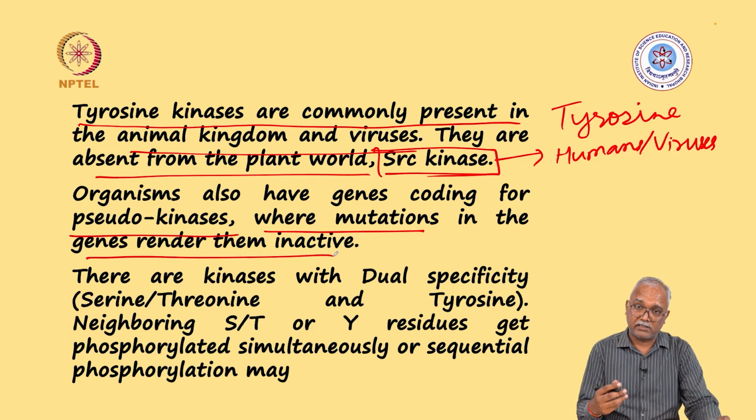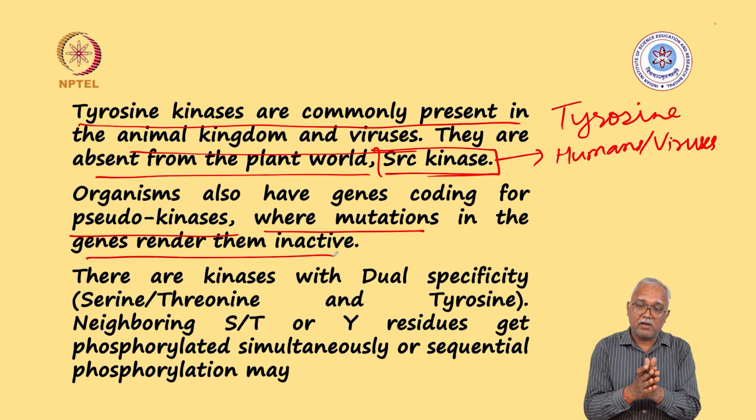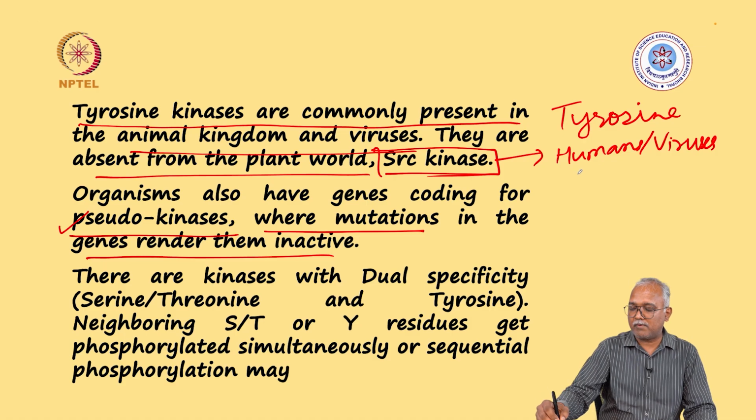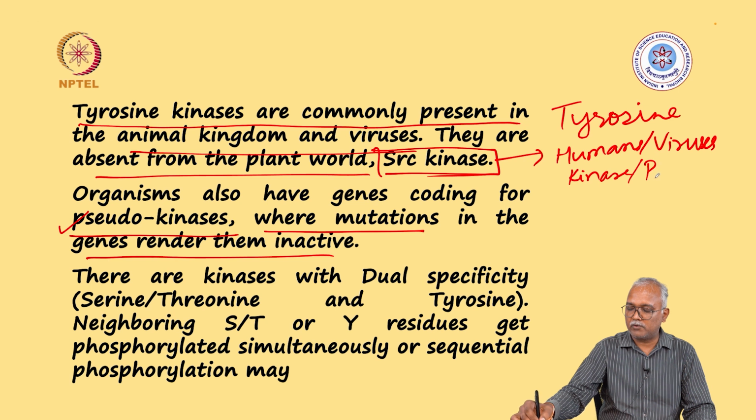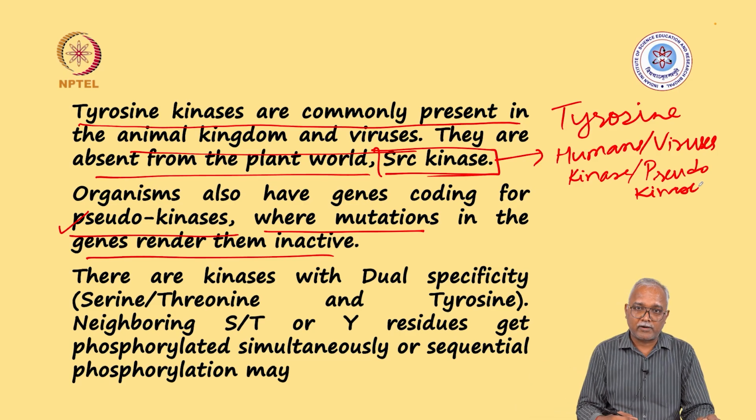So in some sense, these are the inhibitory molecules because they can join hands with an active molecule and become heterodimeric, in the sense that one type is perfectly fine, the other type is pseudokinase. So you will have a heterodimeric kinase and pseudokinase combination, and such a combination is non-functional. So this is a strategy to regulate the kinase function.